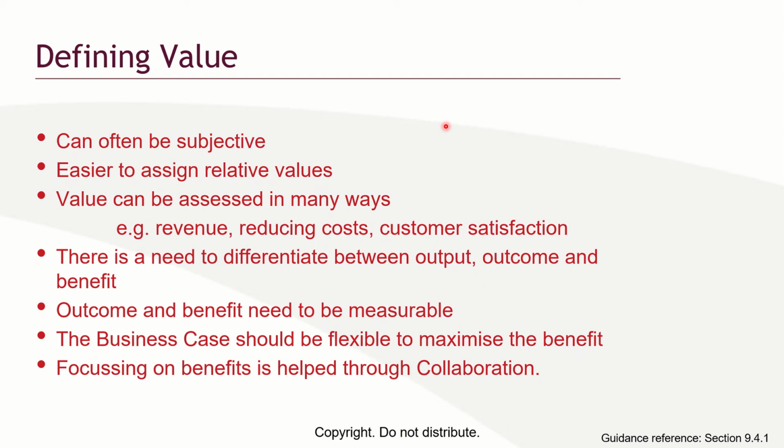For example, it is possible to value one feature as a 10, and you can also value another feature as 5. That's what it means when you talk about value. Value can be assessed in many ways. You can assess value in terms of revenue, in terms of reducing costs, in terms of customer service.